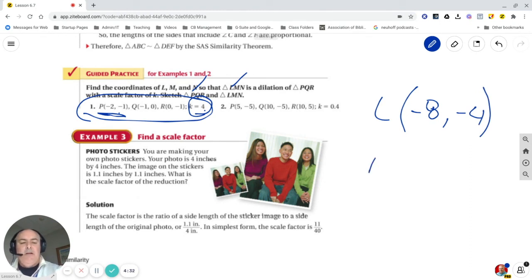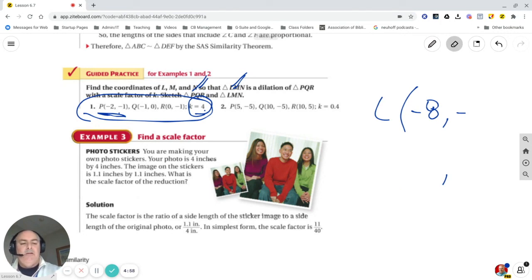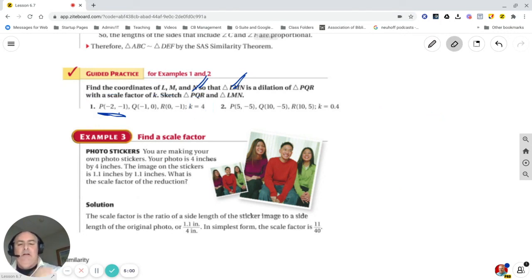The next would be M. My center vertex is going to relate to Q. So I go from -1 times 4, which is -4, and 0 times 4 is still 0. So you can see I apply this, and I would do this also to get my last point. Now I would have my coordinates for my new drawing, which is a scale factor of 4, which is bigger than the original.